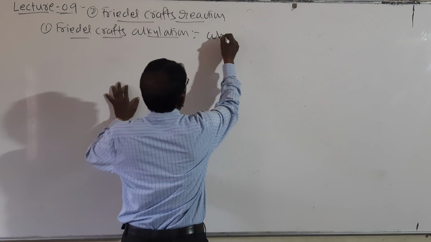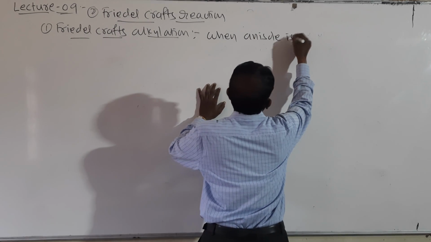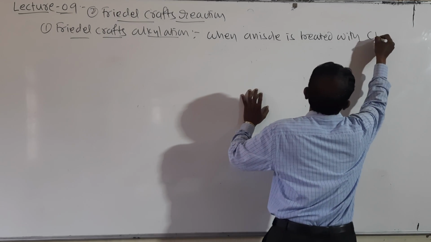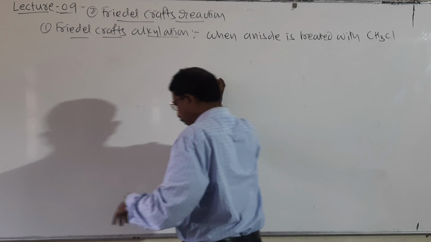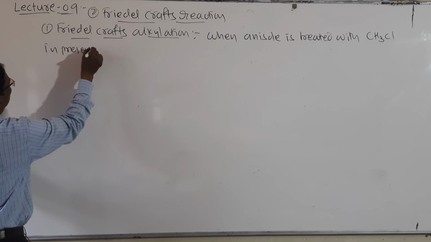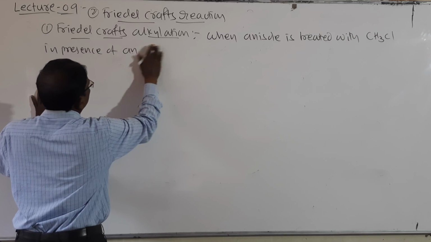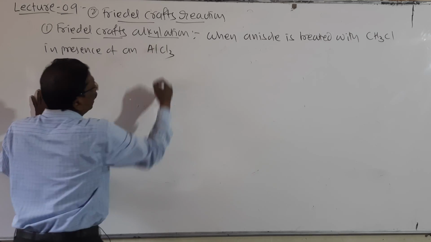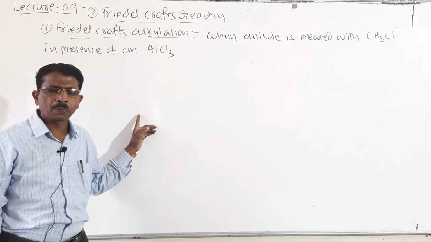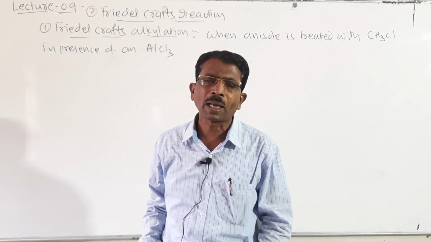When anisole is treated with methyl chloride in presence of anhydrous aluminum chloride, AlCl3. Look here students, in presence of anhydrous aluminum chloride, or you may write an inert solvent like carbon disulfide.